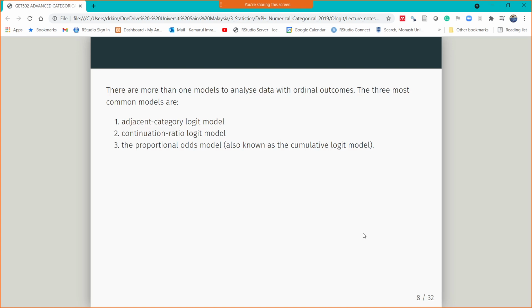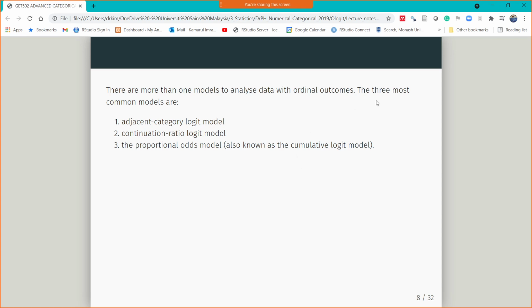Like I said just now, ordinal logistic regression is one specific analysis, and basically that is the analysis that most people will use when they want to analyze data with ordinal outcome. But that's not the only model.